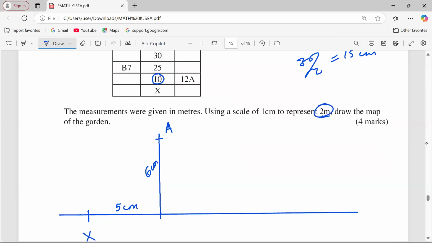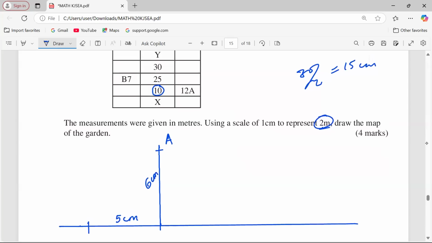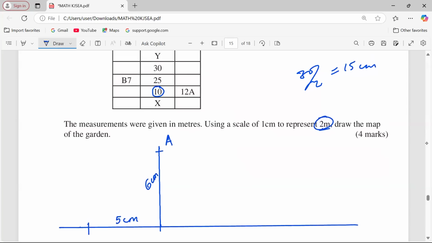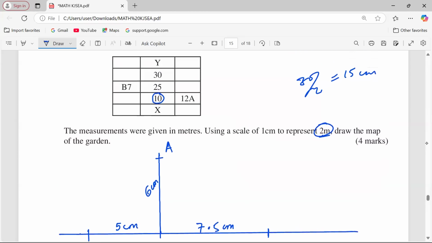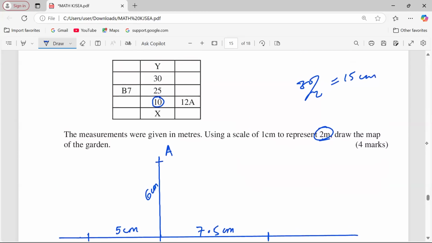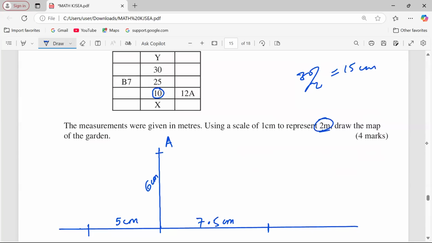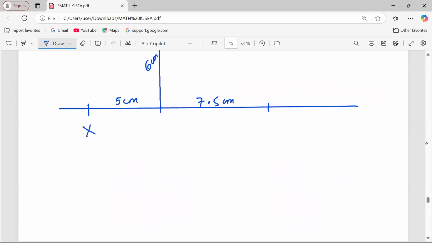Then from A up to the 25th meter, we have added a distance of 15. So 15 will be divided by 2 to give us 7.5. So from this point, we add 7.5 centimeters to represent the 15, up to a point like this. Then we go downward, because it is the opposite side of A, to be 7 meters.